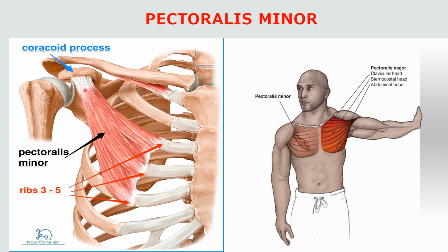Insertion: the muscle converges upward and laterally to form a flat tendon which is inserted into the medial border and the upper surface of the coracoid process.